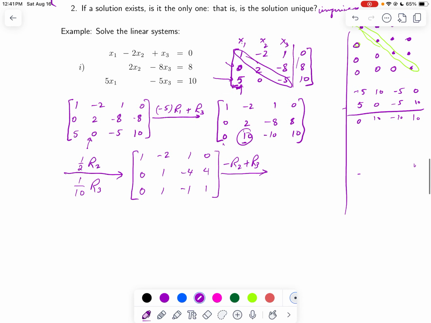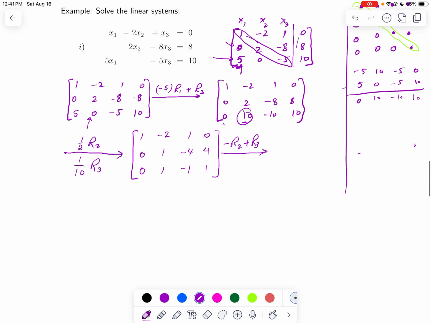So what do I get? Which row got changed? Remember R3. The first row will remain as it is. Second row will remain as it is. Third row: I multiply the second row by negative 1, so this quantity becomes negative 1. I add it in here, so that this was already a 0.